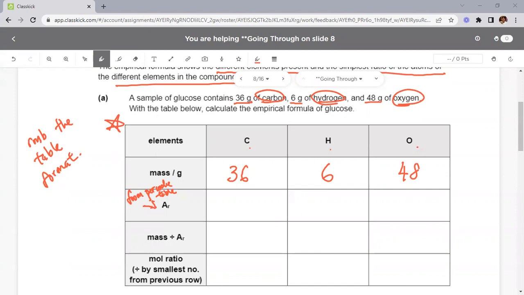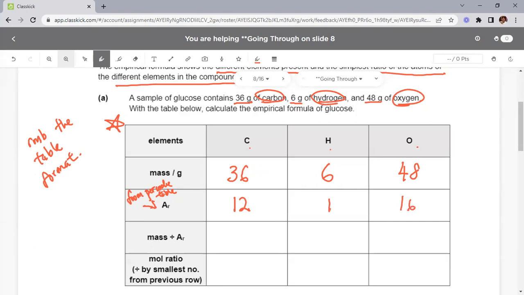Some of you even told me that you have semi-memorized the periodic table, which is good. It's not a bad thing. So you have semi-memorized all the relative atomic masses. Good stuff. So looking at the periodic table, this will be 12, this will be 1, this will be 16.